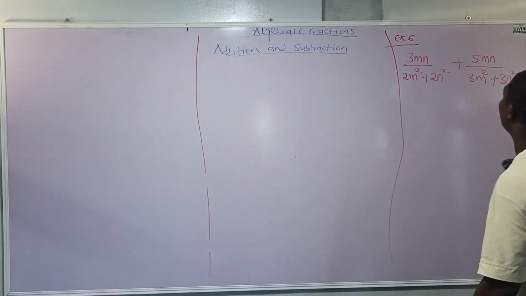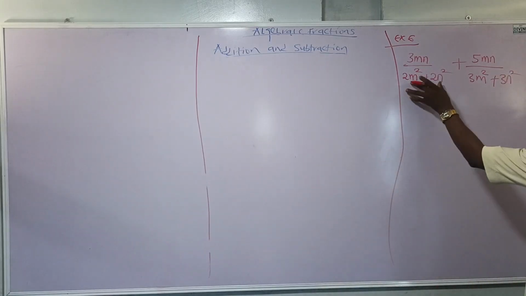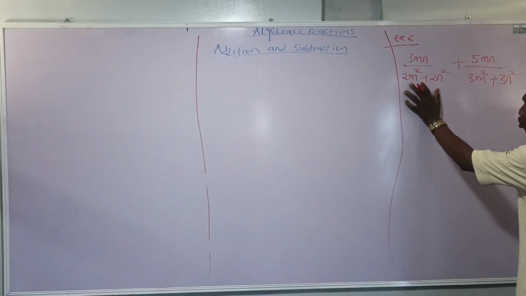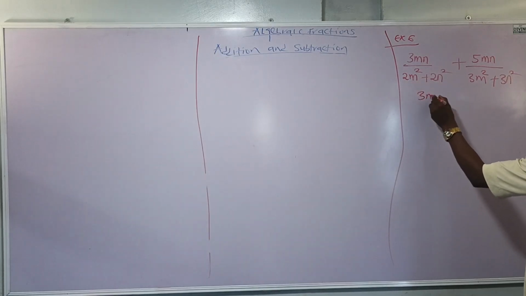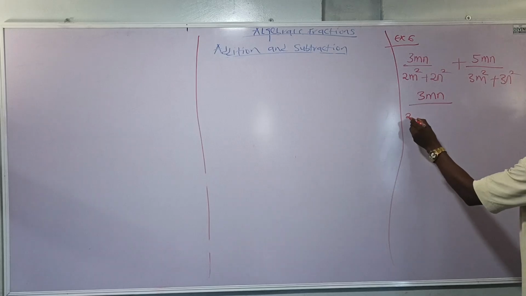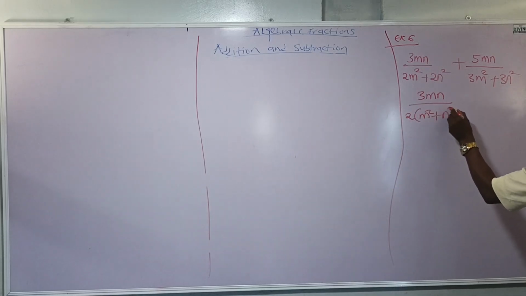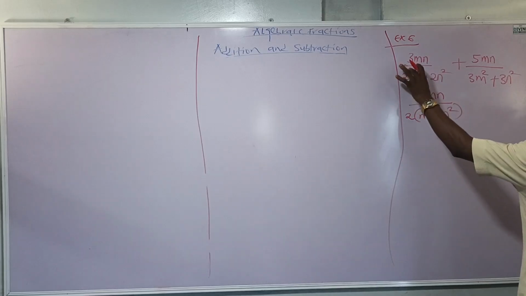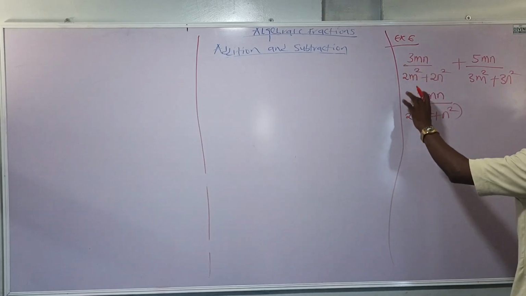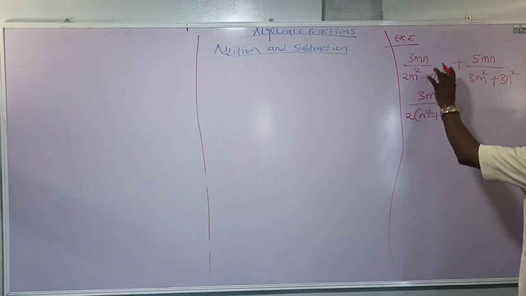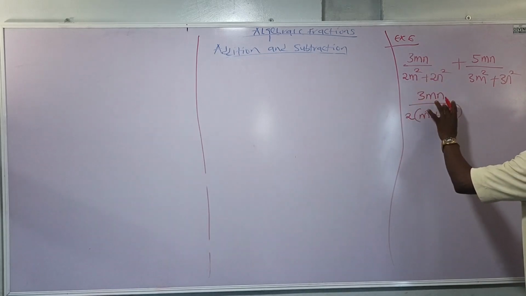Now what do I have to do here? If I see the denominator here, I know that I have 2 in common. So I have 3mn all over 2 bracket m squared plus n squared. Why? When 2m squared is divided by 2, I have m squared left, and when 2n squared is divided by 2, I have n squared.